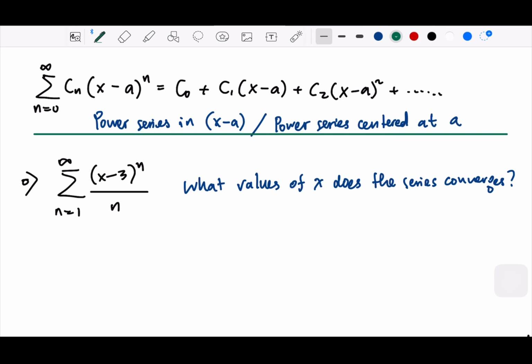So it's asking what kind of x do we want to make the series here converge? Of course, you can try some x's, but we can sort of test the series itself with one method that we studied before, which is the ratio test. That's the best way to test all the power series. So we are going to take the ratio test and take on the series. Okay. So test with ratio test.